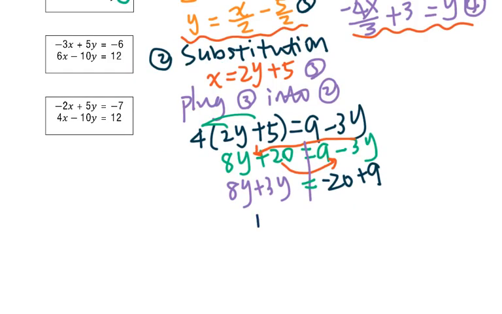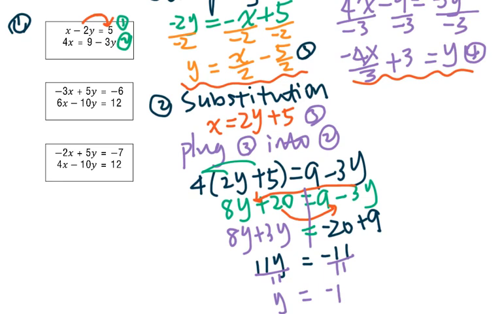So I will get 11y equals negative 11. Then I divide by 11, y equals negative 1. Then I plug y equals negative 1 into this part, x equals, because it's easier. So x equals 2 times negative 1 plus 5.